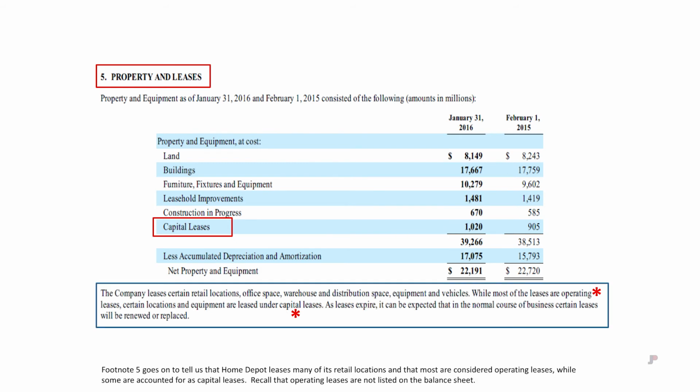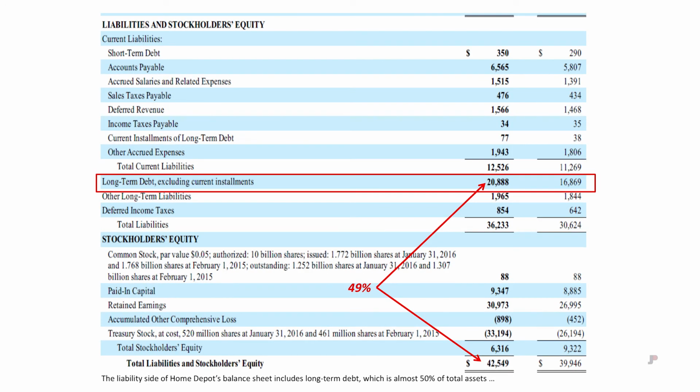Footnote 5 goes on to tell us that Home Depot leases many of its retail locations and that most are considered operating leases, while some are accounted for as capital leases. Recall that operating leases are not listed on the balance sheet. The liability side of Home Depot's balance sheet includes long-term debt, which is almost 50% of total assets, and it includes the liabilities associated with leases treated as capital leases.